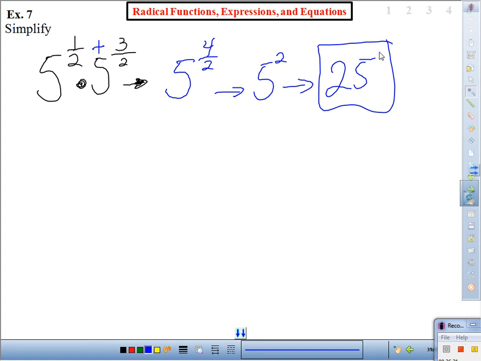Okay, good. Let's do another one. 7 to the 2/3 power times 7 to the 7/3 power. See what you get. Don't say it out loud. Check your neighbor, see what they got.